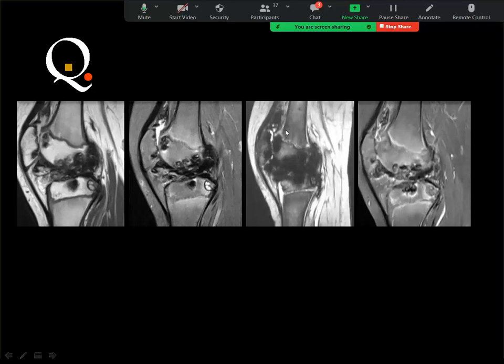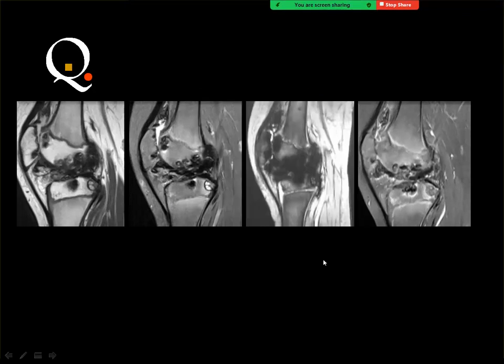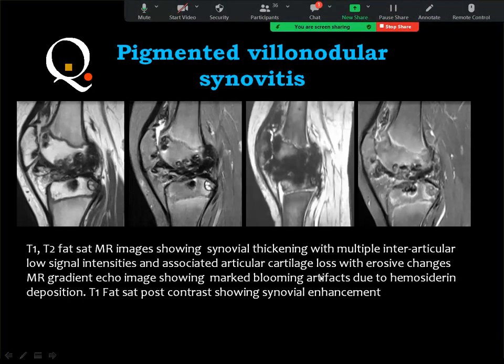I think is T2 also, but this one with fat suppression. And the last image is a contrast enhanced image. Yes, and this is pigmented villonodular synovitis. This is right, because if you are thinking of hemophilic arthropathy, then these dark signal lesions will not enhance with contrast.